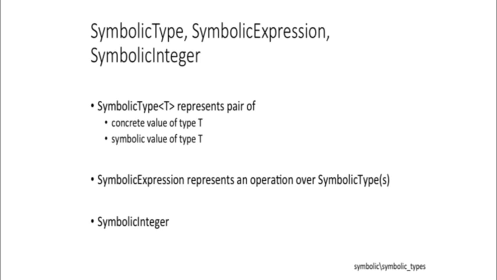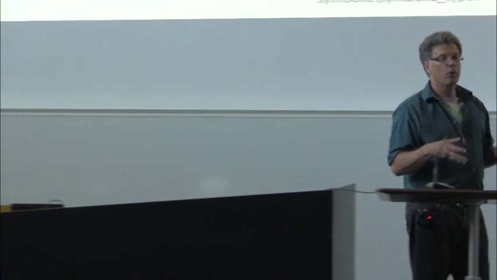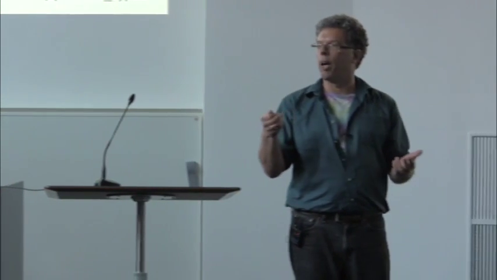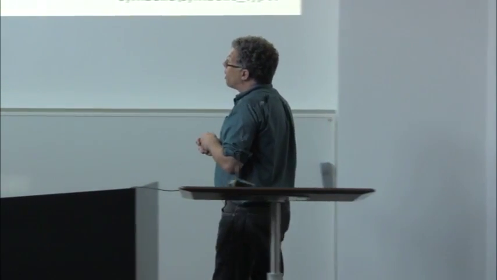And when I say symbolic, there are really two types of symbolic values. One is a symbolic integer, which just represents the initial value of some integer. So it's like a Skolem constant, right? It's just a name that I give to a primary input, and that name is just a constant that doesn't change. And then I also have symbolic expressions.